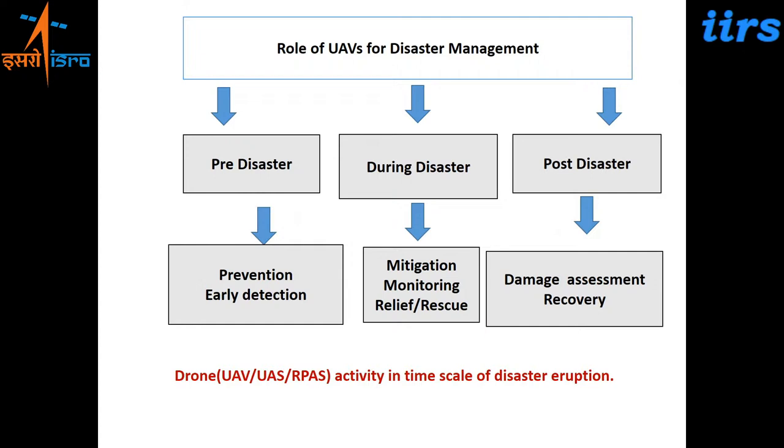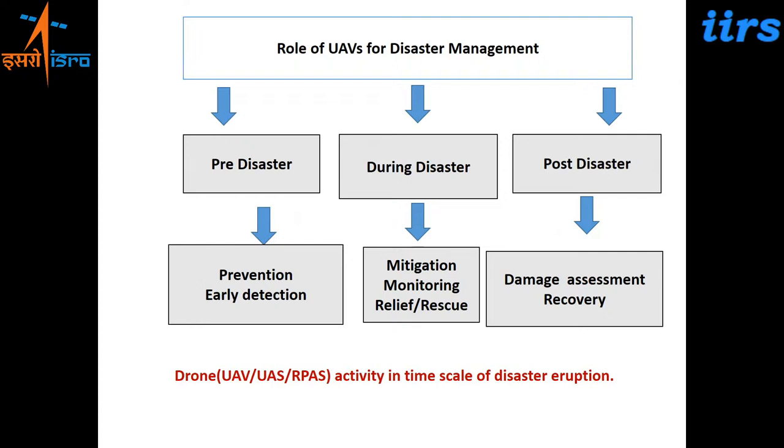So you can see from here that the UAVs have a significant importance or role in all phases of disasters. See it as pre-disaster, during disaster, and post-disaster. So in pre-disaster, it's like prevention and early detection, during disaster, mitigation, monitoring, and relief and rescue operations, and in the post-disaster as damage assessment and recovery.